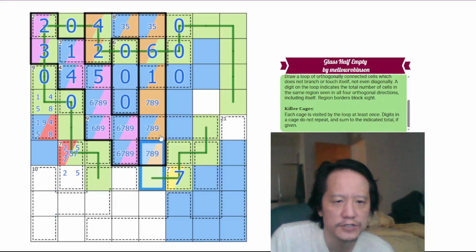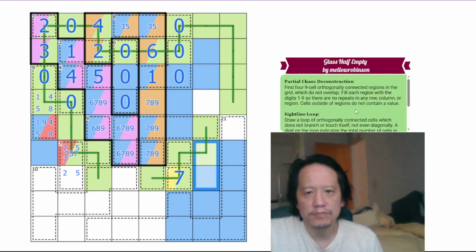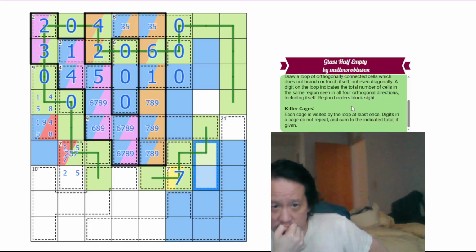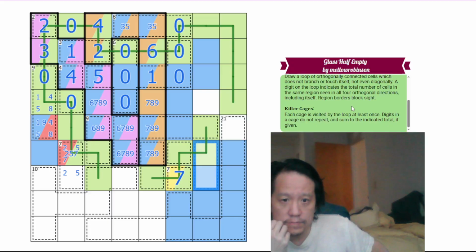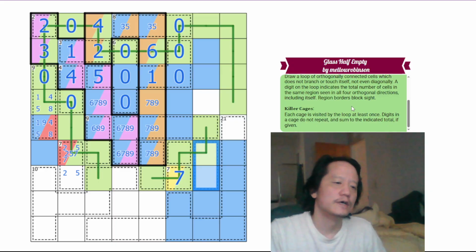And this cage, these 2 cages, and this cage. So it needs to touch 21.